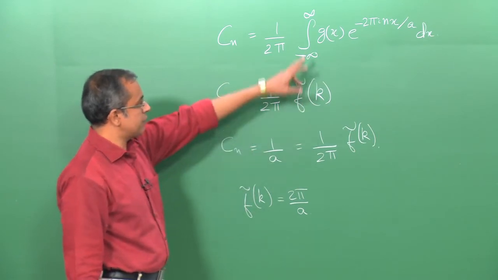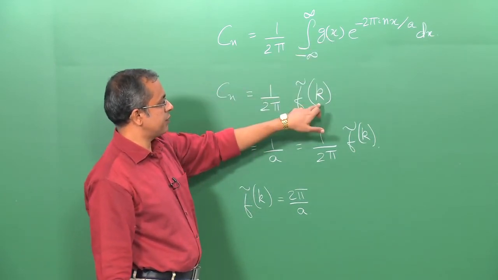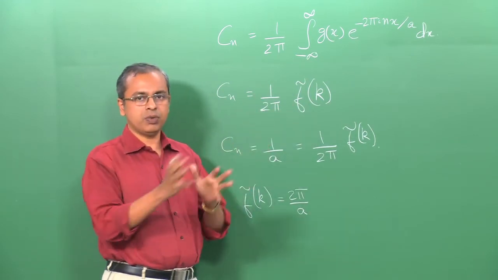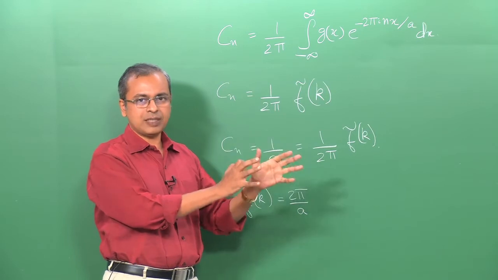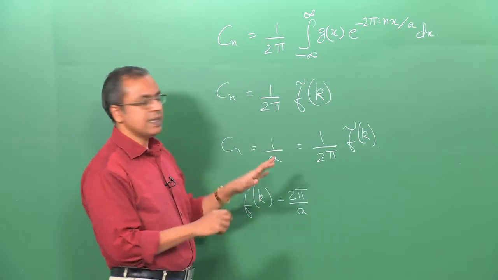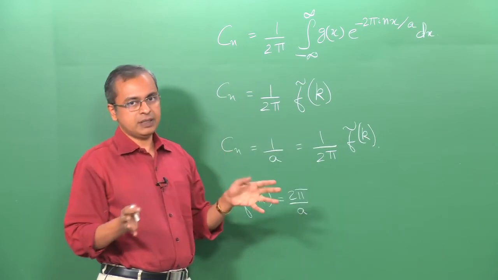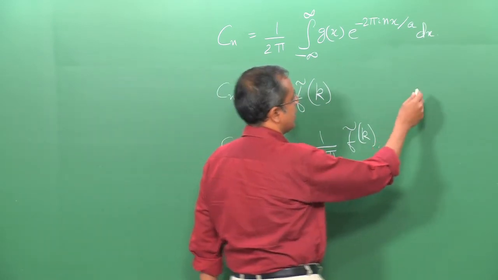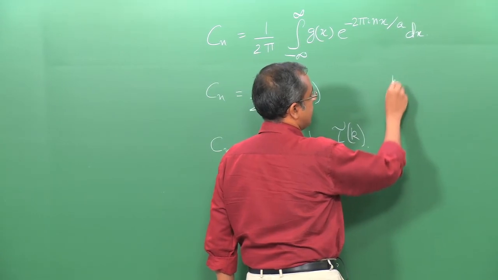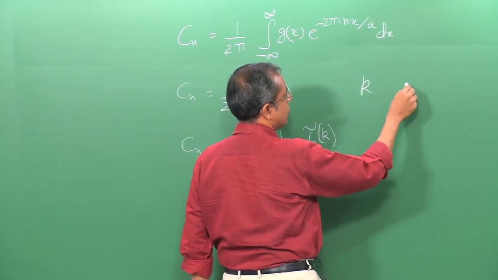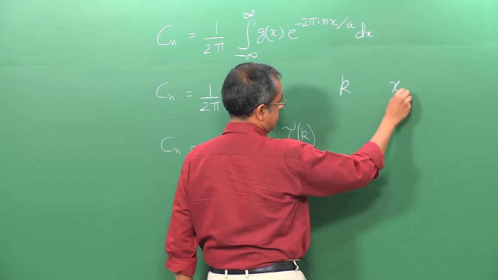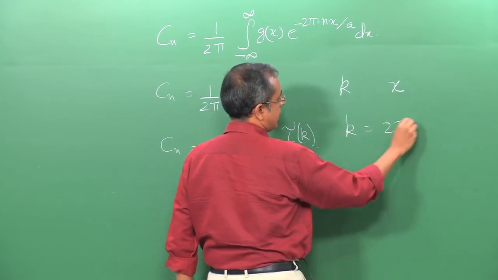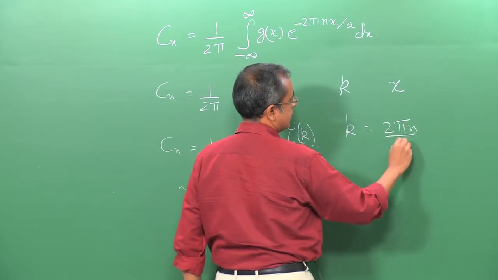I also said that we have shifted from x being the variable to k being the variable, and that is typically what happens. You will have a pair of variables when you do a Fourier transform; you go from one space to another space. In general, these variables will be inversely related, so k is inversely related to x, and typically we write k equals 2 pi n over x.